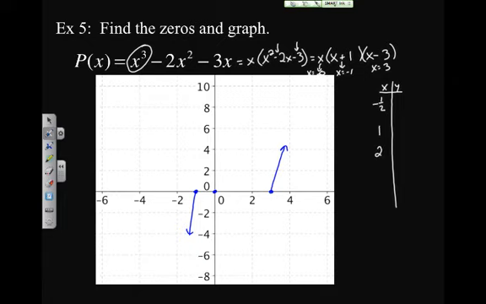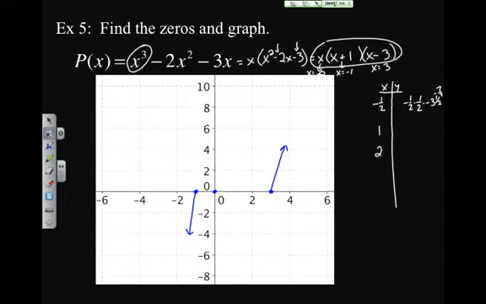So if we put in negative 1/2, I'm going to use this version of it right here. So negative 1/2 would be negative 1/2 times positive 1/2 times negative 3 1/2. So that would give us, this is what?